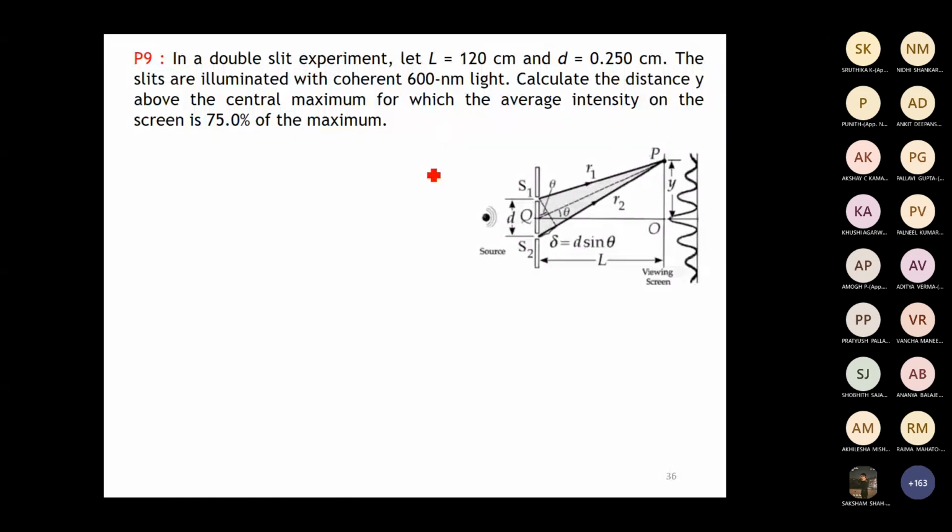The graphical representation is given on the right hand side. Maybe you take a few minutes and try to solve it by yourself. Then I will discuss the solution to this problem.